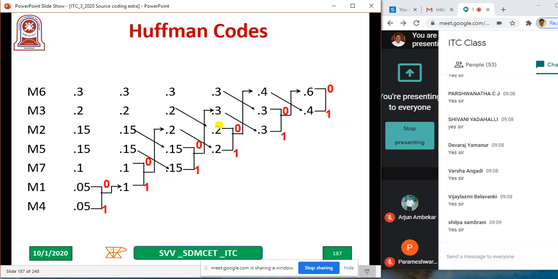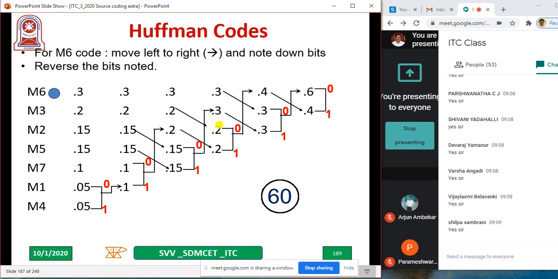Next you have to write the codes. For M6, for example, the code is: move left to right and note down bits, then reverse the bits. I have a 0, I have 1, go according to the direction.